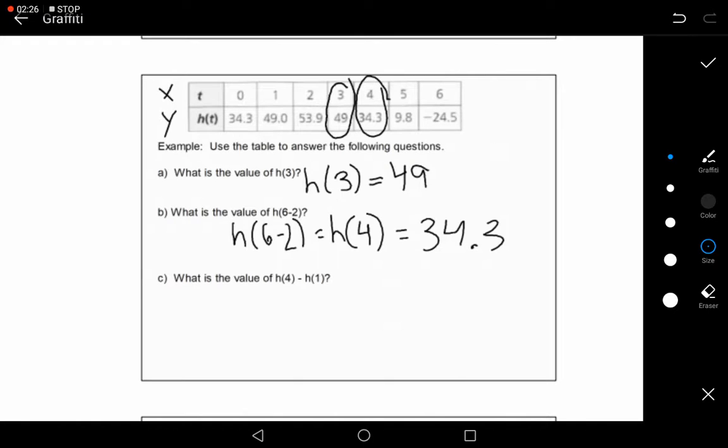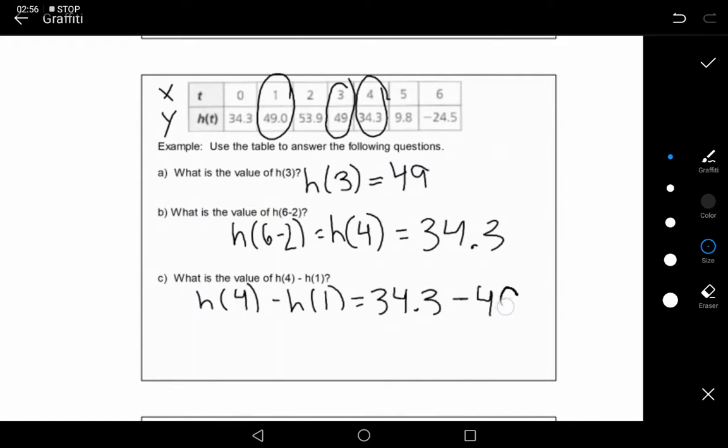So what is the value of h of 4 minus h of 1? Okay, so all we need to do is figure out the value of h of 4 and the value of h of 1. So we already have h of 4 circled, and now we have h of 1 circled. So h of 4 minus h of 1 is equal to, h of 4 is 34.3 minus h of 1 is 49.0.